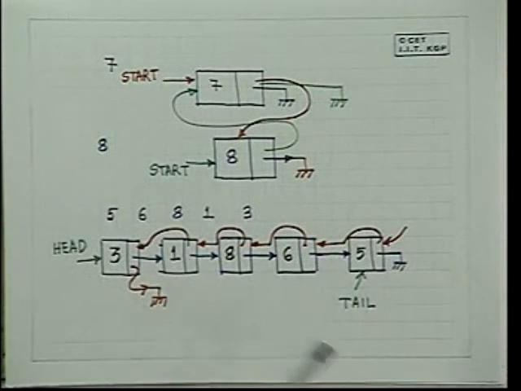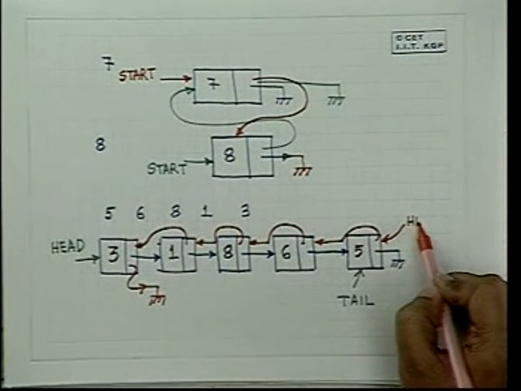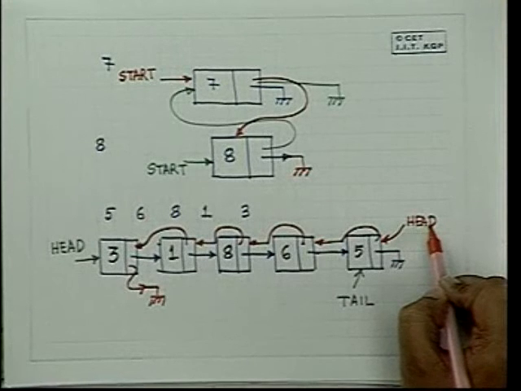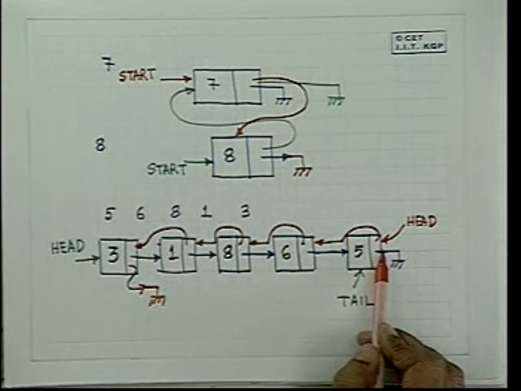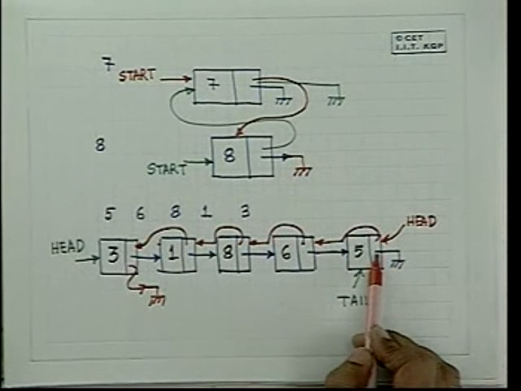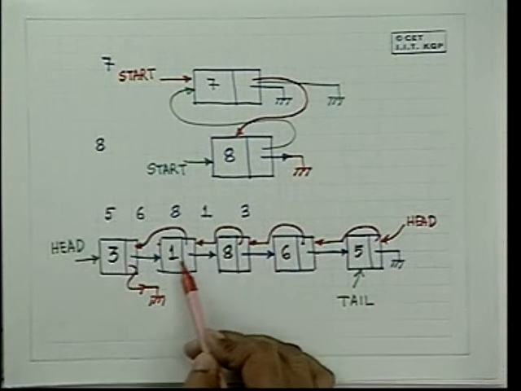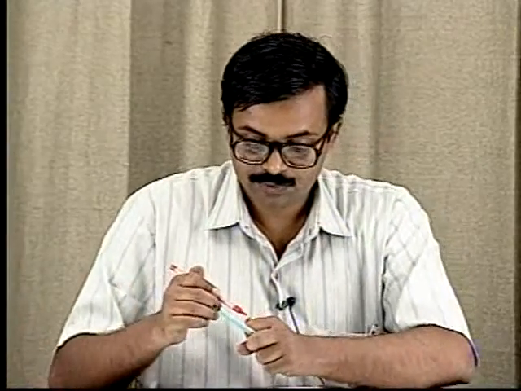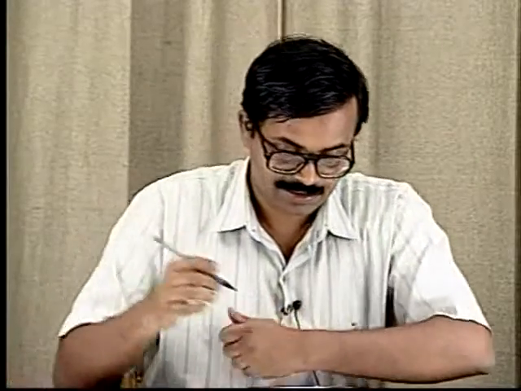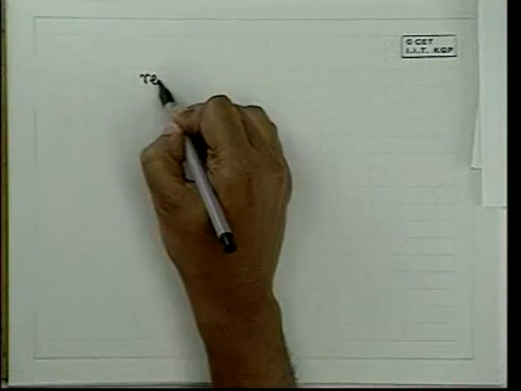Given a list like this, I want to reverse a list, which means that the head will now be what the tail was, and all the pointers will point back to the previous nodes. So I want a routine which is like this: reverse.